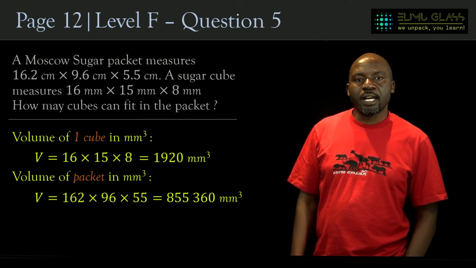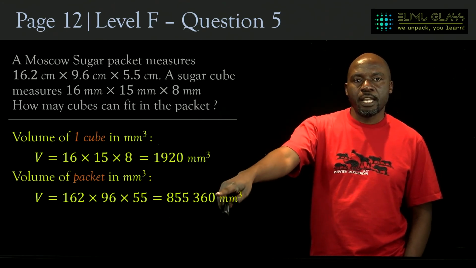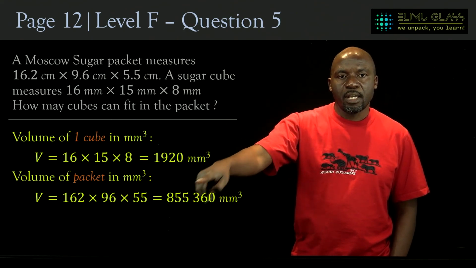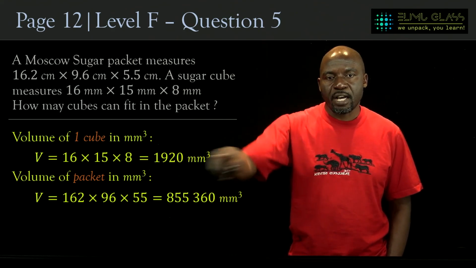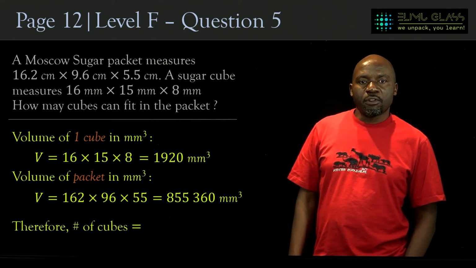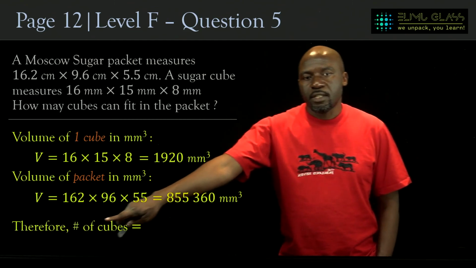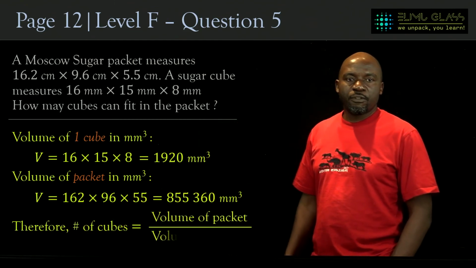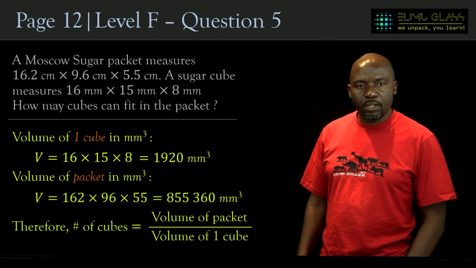Now, if we're going to find the number of cubes that fit in here, then we need the volume of 1 cube. How many will fit in this? We have to take this value here and divide by that value. Hopefully that makes sense. The number of cubes must be equal to the volume of the packet divided by the volume of the cube.